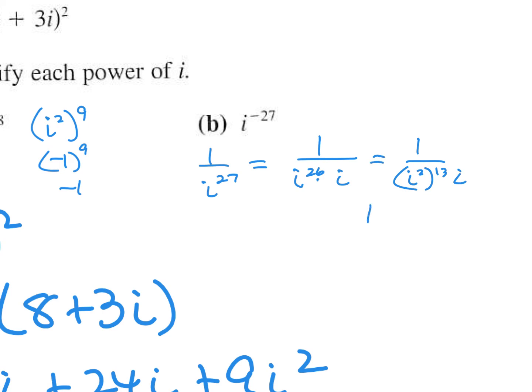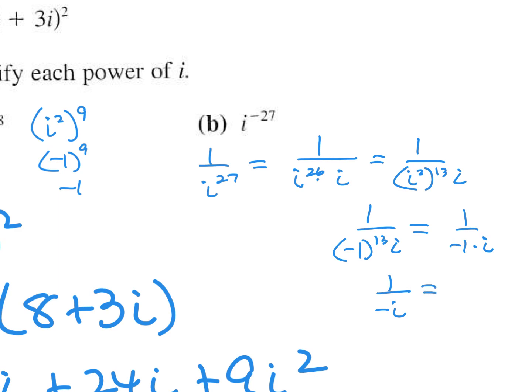This will give me 1 over negative 1 to the 13th power times i. Negative 1 raised to an odd power is negative 1, and then I have the i. So now I'm at 1 over negative i.